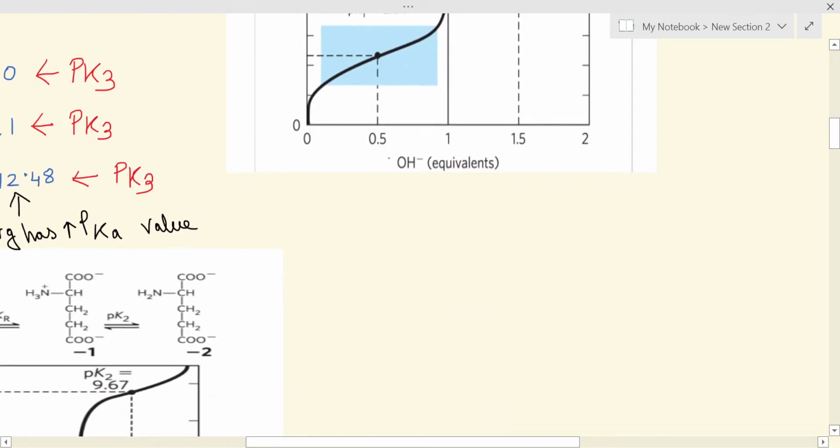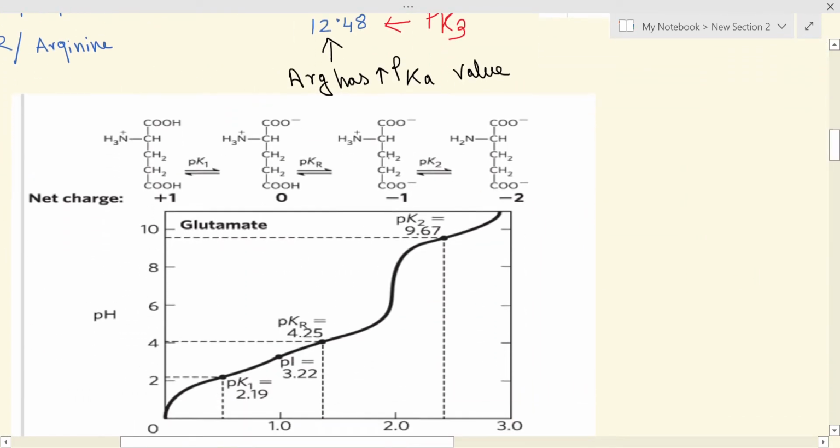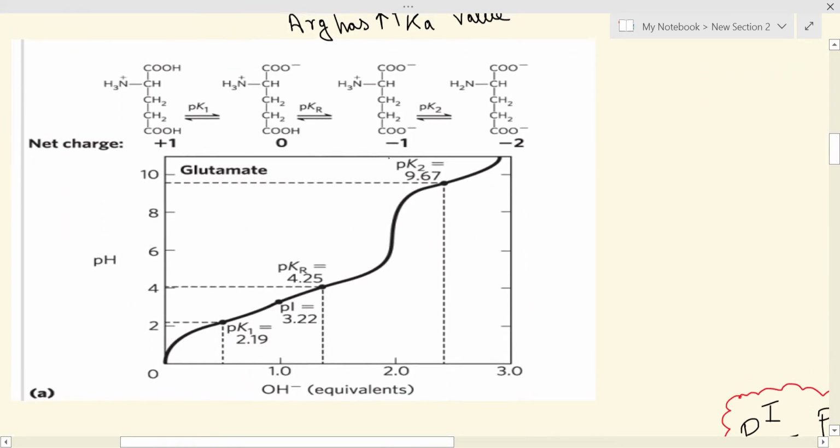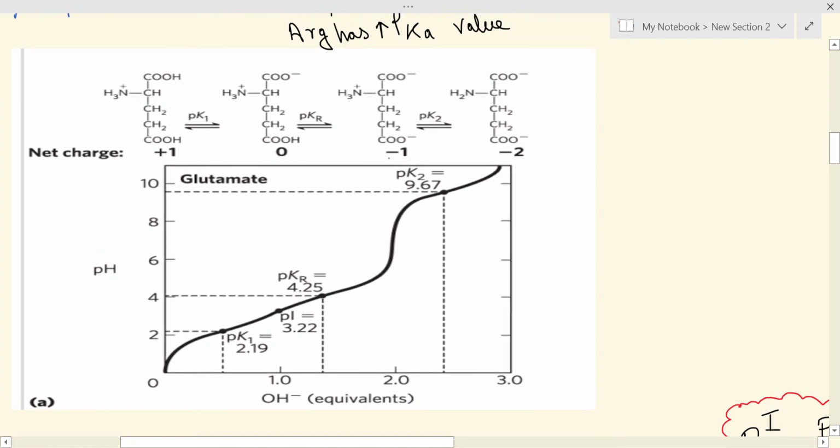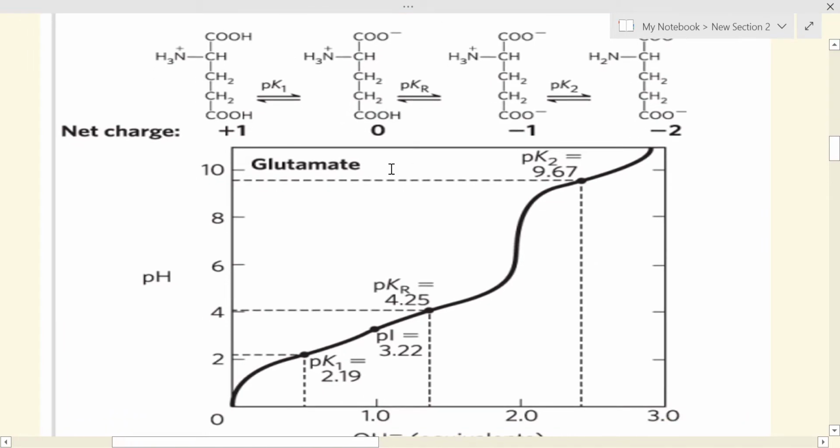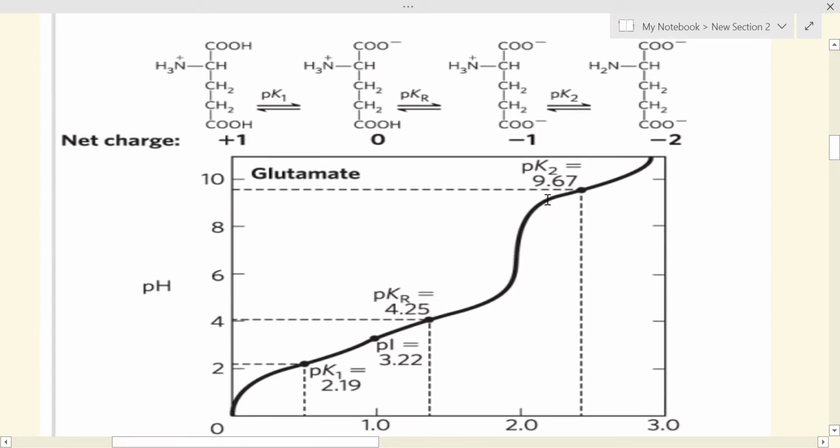On the other hand, if we take the example of glutamate or glutamic acid, it is a polar amino acid and it has three pK values. Therefore, it is a triprotic amino acid. Let me write polar amino acid and triprotic.